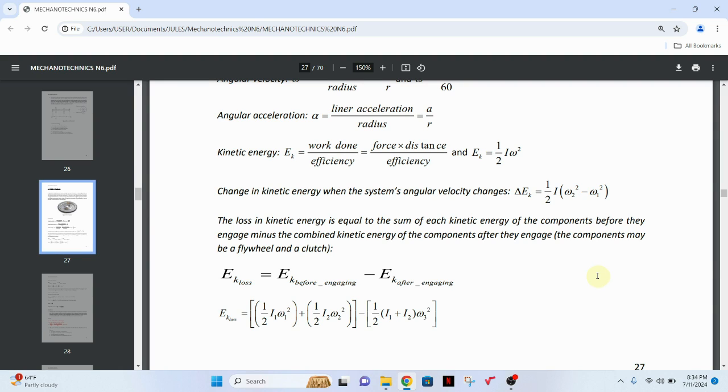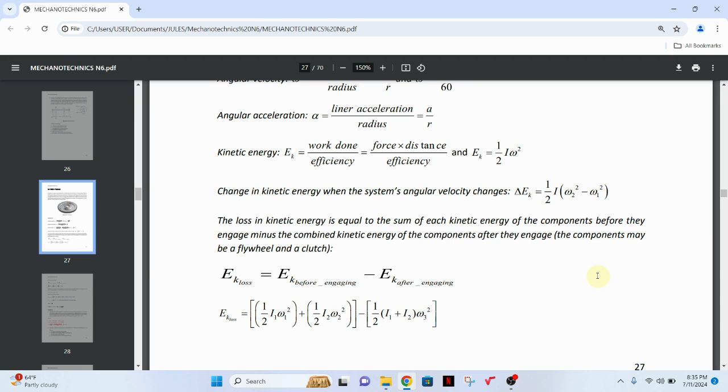So now, the loss in kinetic energy is equal to the kinetic energy before minus the kinetic energy after. As I was saying in my introduction, when we speak of flywheels, particularly in this module, you may have a situation where we have to think of a flywheel and a clutch. Initially the flywheel has its own kinetic energy and the clutch also has its own kinetic energy.